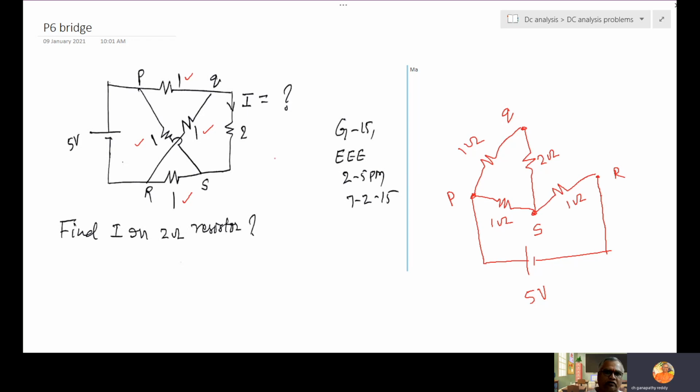And Q and R is also 1 ohm. So now it is the same bridge only. So P, Q, R, S. Here PR is visible, but P and R on the extreme side are coming. So if you redraw, you are getting the same circuit. And 1 ohm into 1 ohm is equal to 1 ohm into 1 ohm. Bridge is balanced. Then what is the current I compulsorily? 0. So the answer is simply 0.